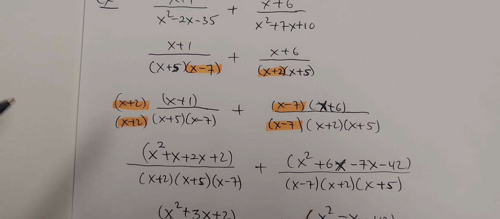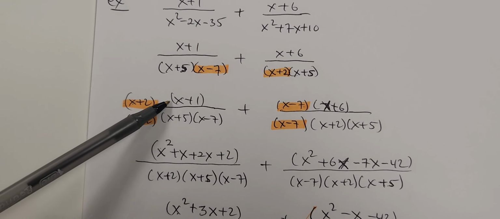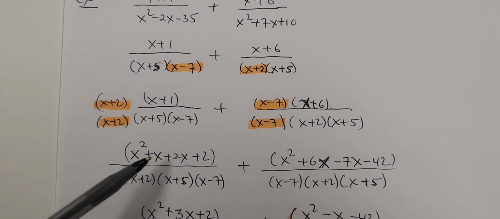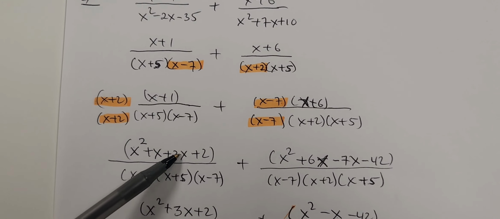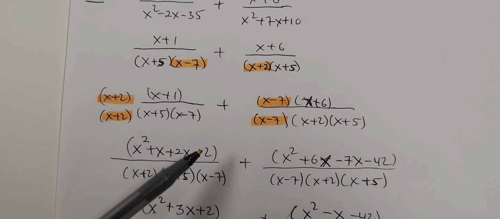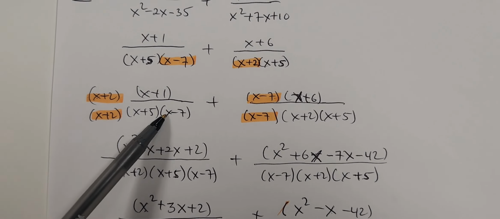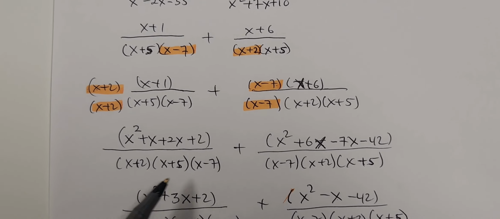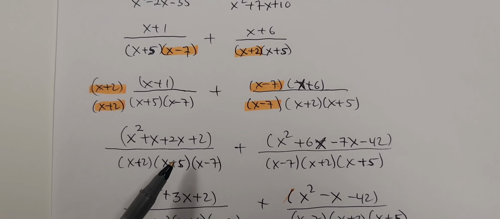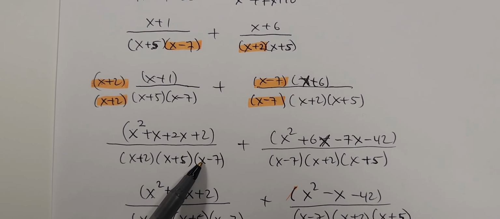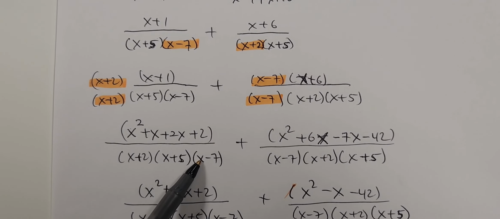So here we go. On top, x times x, x squared, x times 1, x, 2 times x, 2x, 2 times 1 is 2. The bottom, don't multiply. Just leave it as is, put the factors next to each other. Don't multiply them, because later on we can simplify and cancel out.